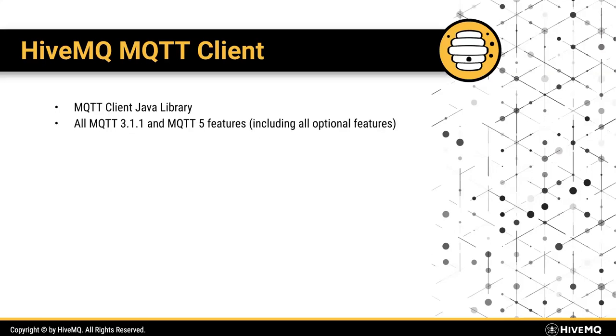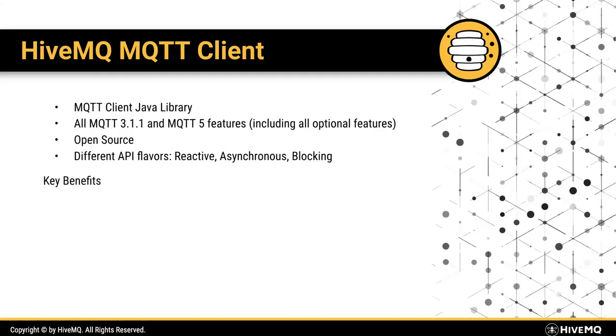It supports all features of the MQTT 3 and MQTT 5 specification, including all the optional features. So it is really a 100% implementation of the MQTT specification. It is open source, so everybody can use it for free.